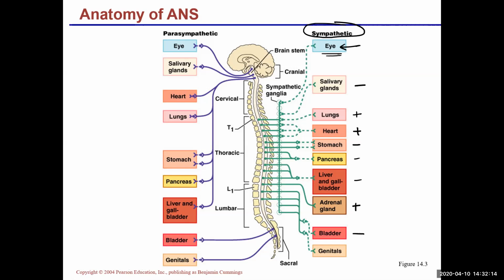Now, in terms of the genitals, you could think about ejaculation, also starts with E. During sexual intercourse, at the moment of experiencing orgasm, your heart rate is increasing, your respiratory rate is increasing, all right?